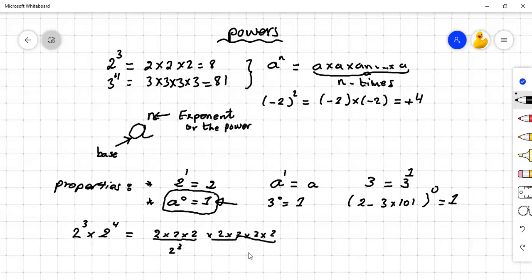And this is 2 exponent 4. And the answer is, let's count how many 2 we have. 1, 2, 3, 4, 5, 6, 7. So we have 7 times 2, which is 2 exponent 7. Since it's 2 multiplied by itself 7 times, so it's 2 exponent 7 according to the definition at the first of this chapter. Okay.